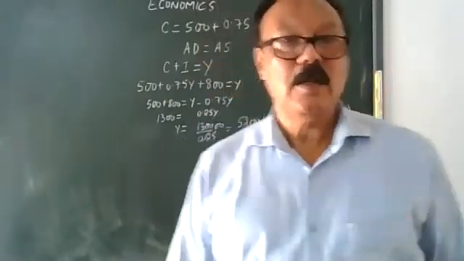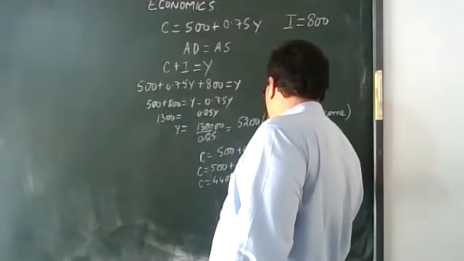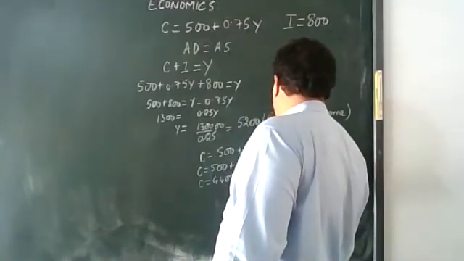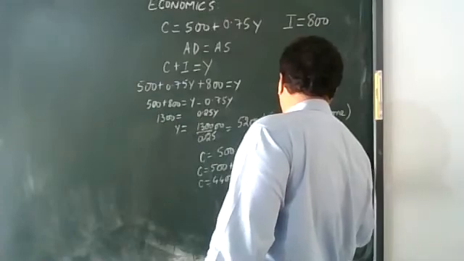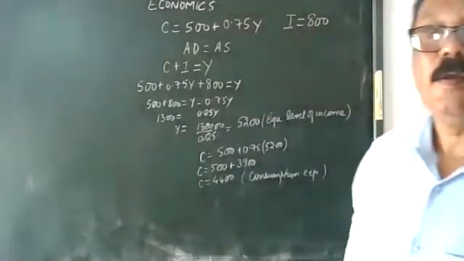This is the consumption expenditure. That is the second part of your numerical.